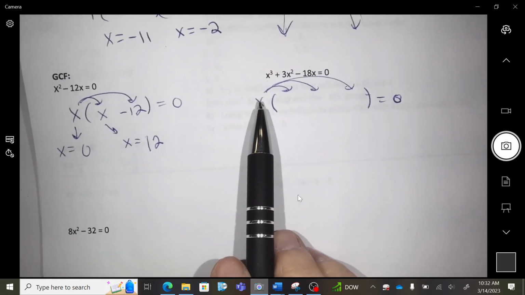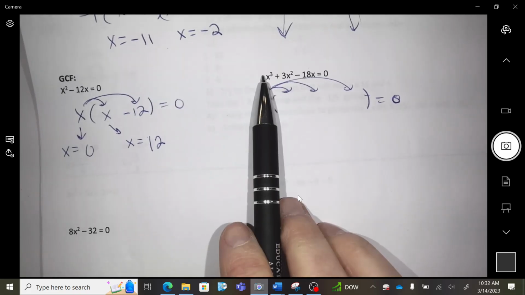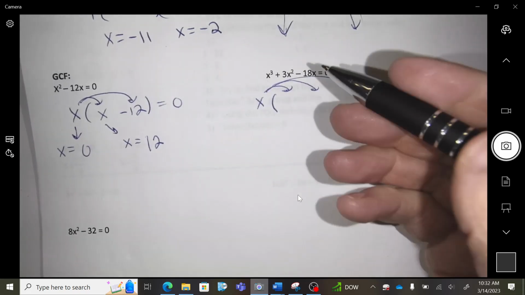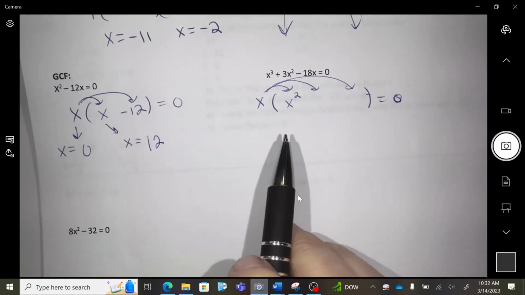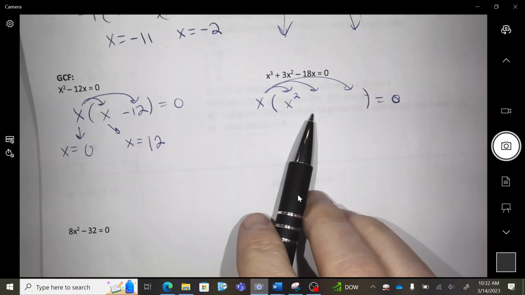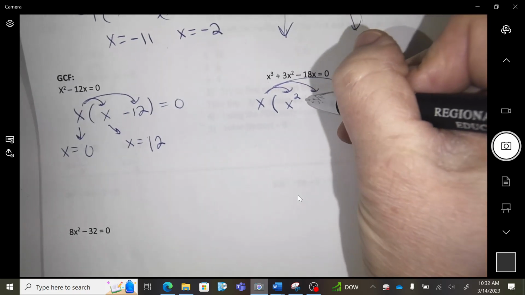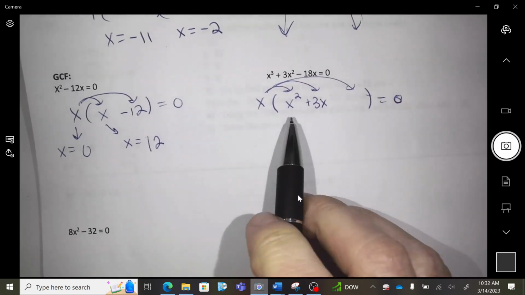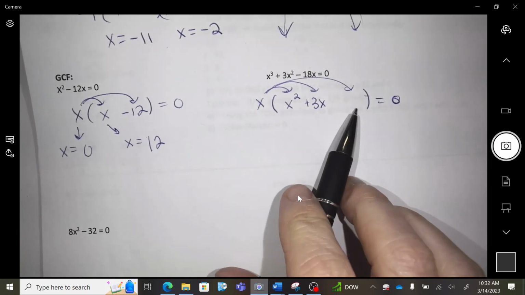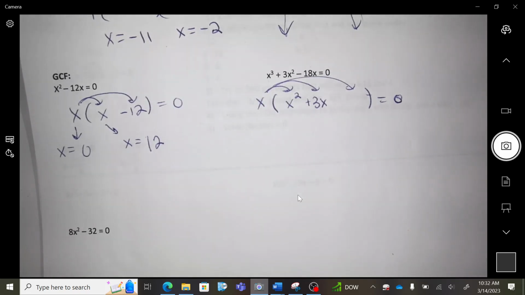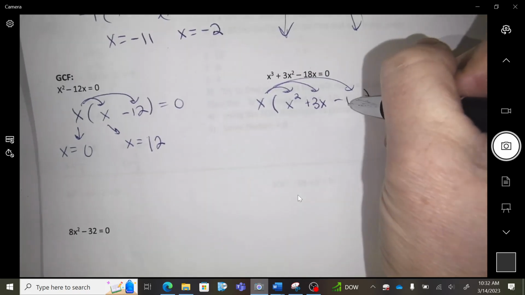Okay, so then your brain is going to go, x times what makes the first unit? x squared. x times what makes the second unit? 3x. x times what makes the third unit? Negative 18.